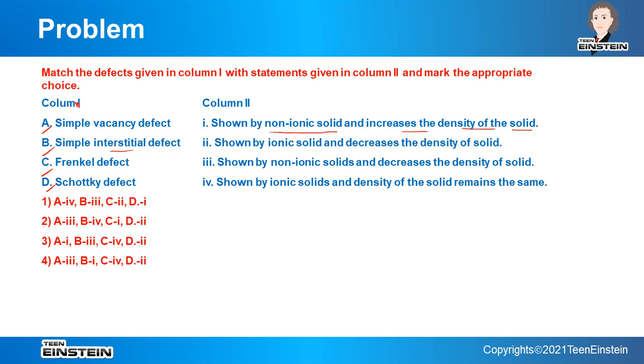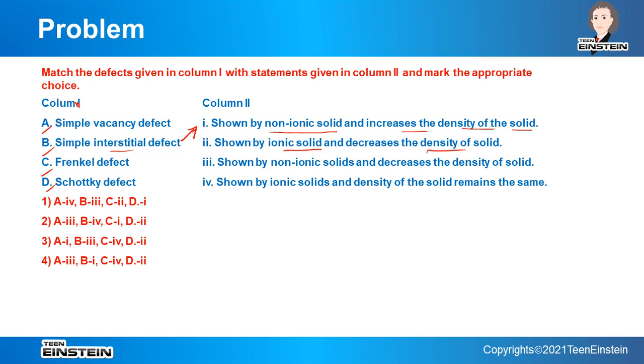It is in case of interstitial defect, because there is excess particle. So 1 should be matched with B. Then the second one, shown by ionic solid, so it must be Schottky or Frenkel, any one. Decreases the density. So density decreases in case of Schottky.